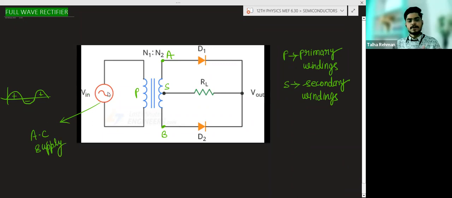When this A end will be positive, this diode is connected with the positive end.